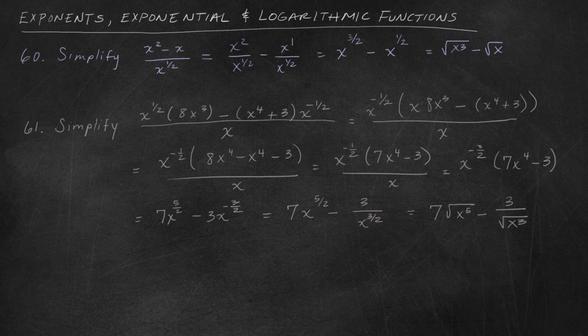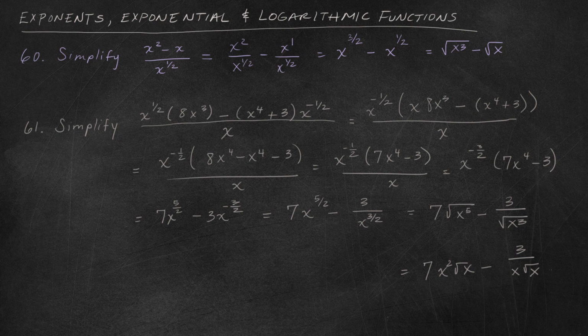And I could even simplify that further. The square root of x to the 5th is x squared times the square root of x. And the square root of x cubed is x root x.